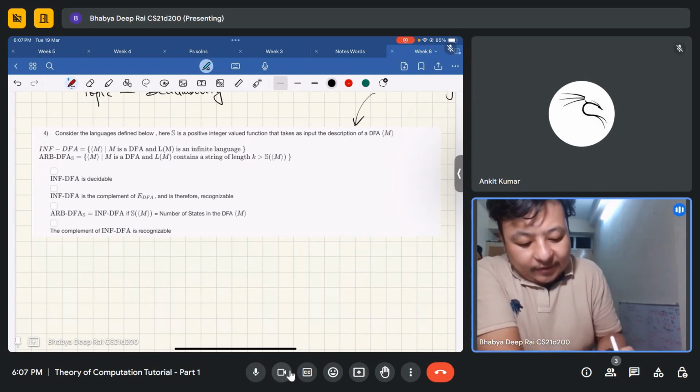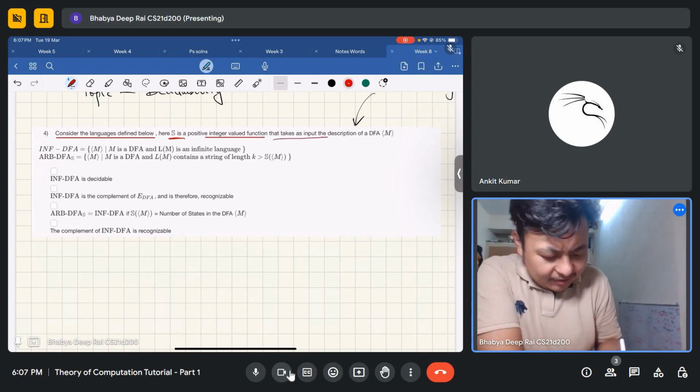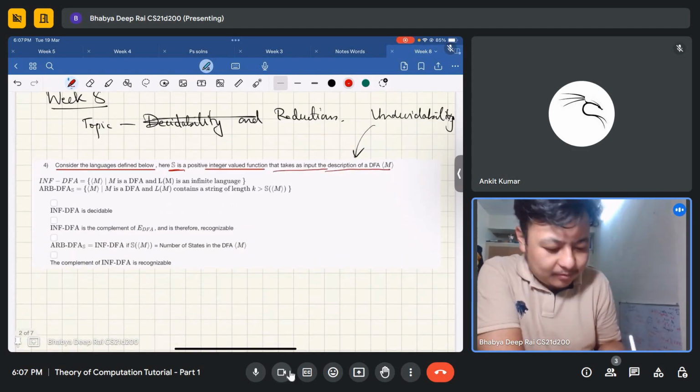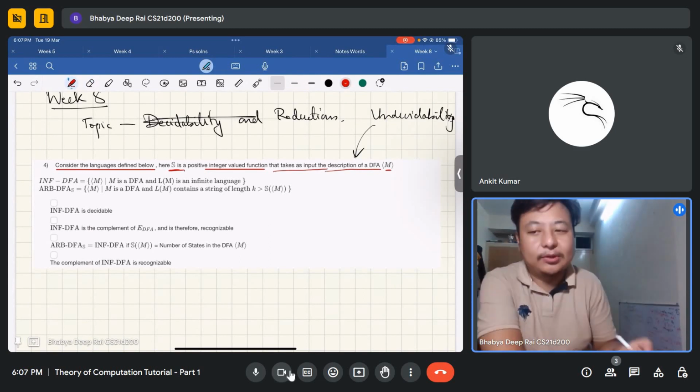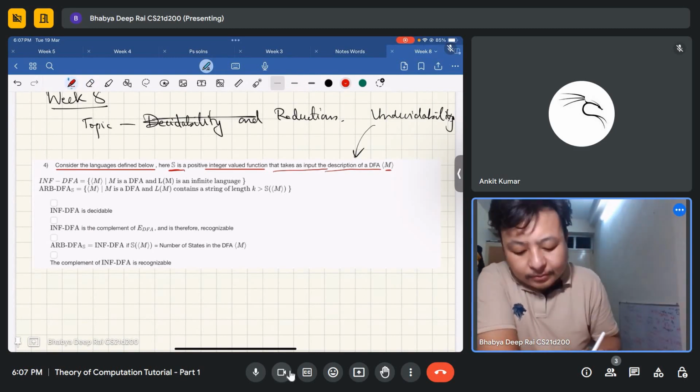Okay, yeah. So the first question is: consider the languages defined below. Here, s is a positive integer valued function that takes as input the description of a DFA shown by this M. M is the DFA, and this angular bracket shows that this is the description, so it's given as a string in some encoding.